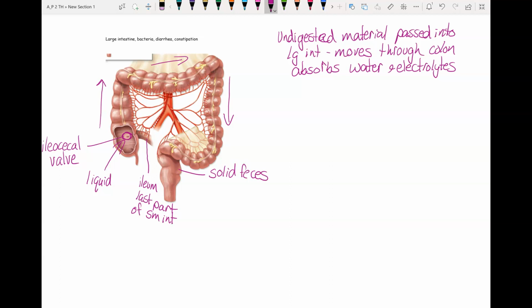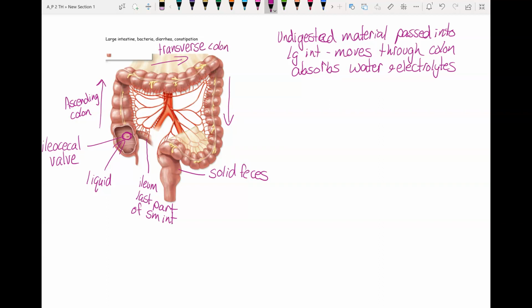The parts of the colon: the part where it goes up here on the right is the ascending colon because you're moving up. Then it goes across. This is the transverse colon because transverse means across.